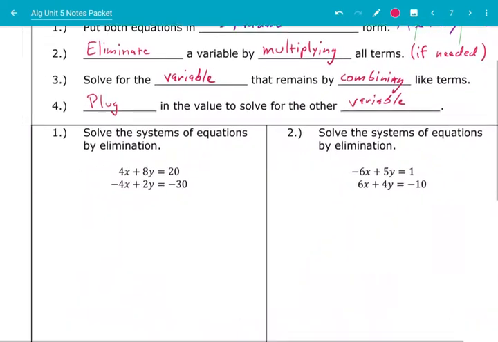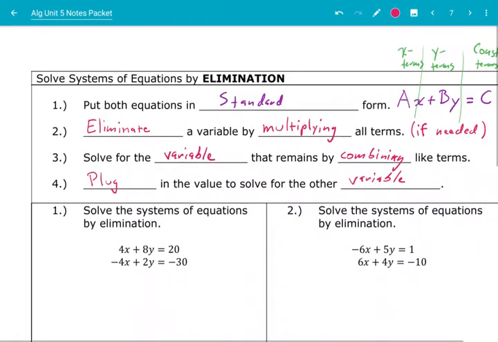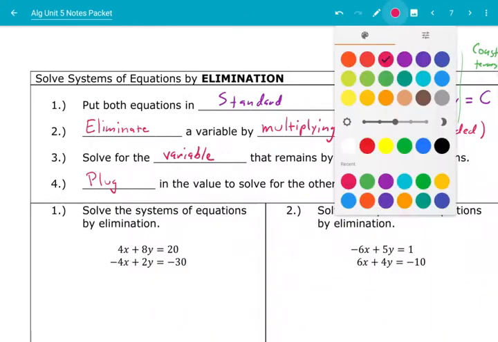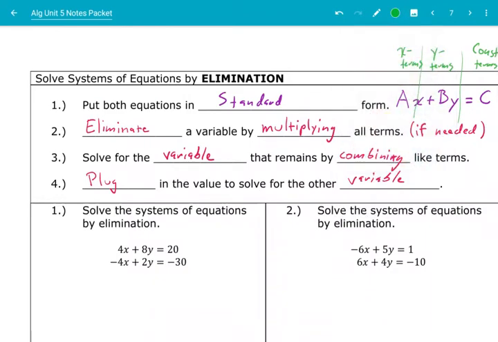So here's our first system. This one is set up real easy. It's kind of in the middle of the process, really, because what we're looking for is this. I want you to write this up top in green, because that way you remember it better. Here's a tip for setting up your equations.